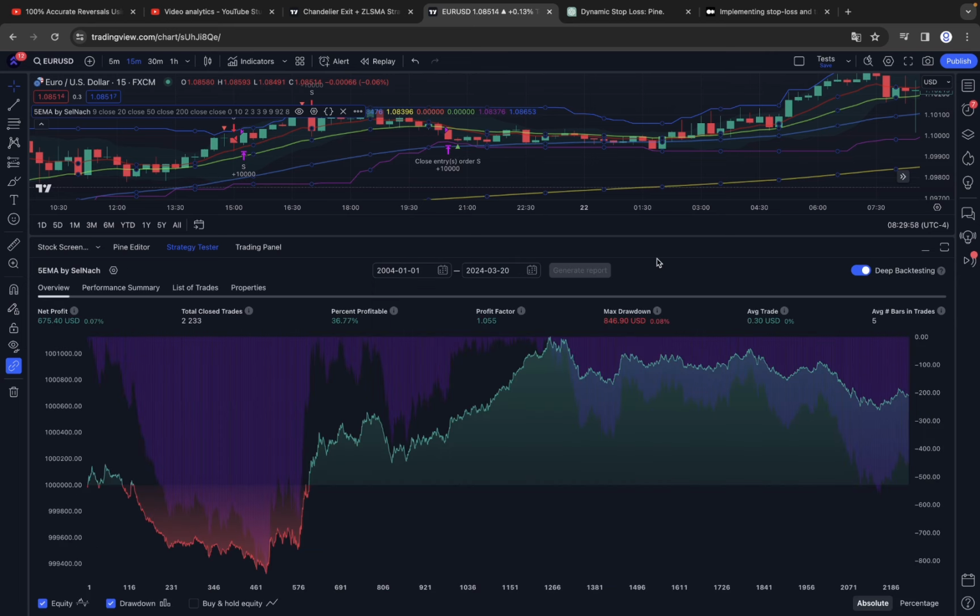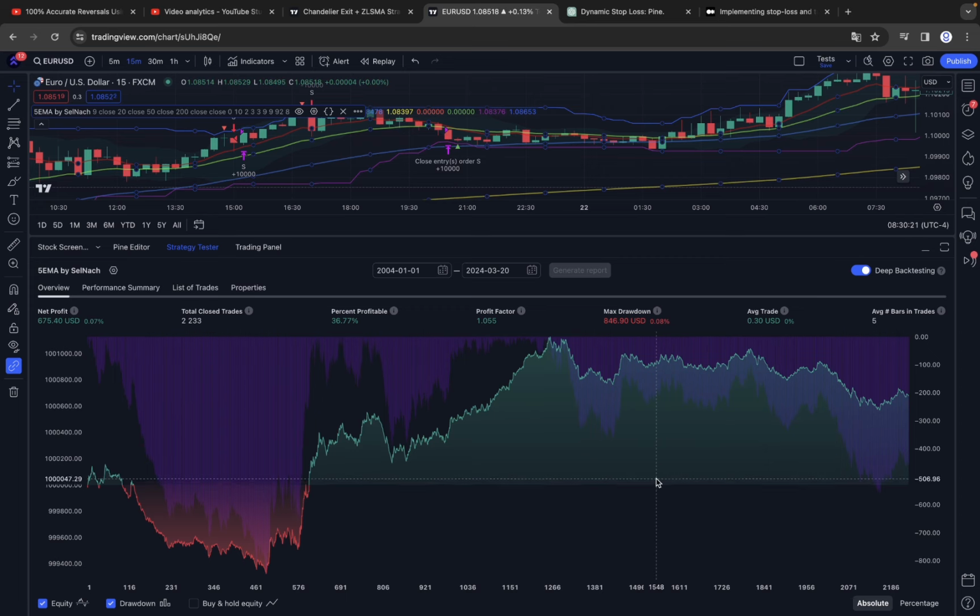All right, the deep backtest was not so good. As we can see here, the strategy overall is profitable, but still we just have a win rate of 36% and a profit factor of just 1.05, which is not very good. We got a backtest from 2004 until now.